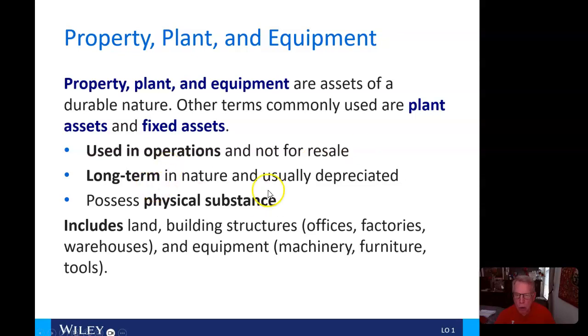They're long-term in nature and usually depreciated, except for land, of course, which we don't depreciate. And then they have what we call physical substance, meaning that you can touch them. And examples are land, building structures, office, factories, warehouses, and equipment, which include machinery, furniture, and tools.